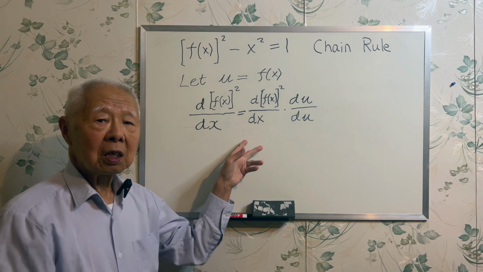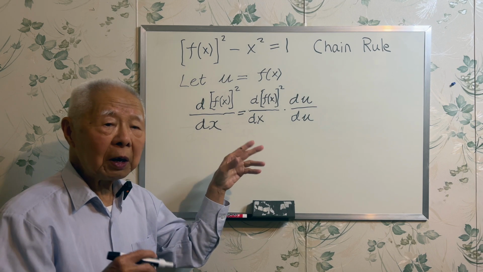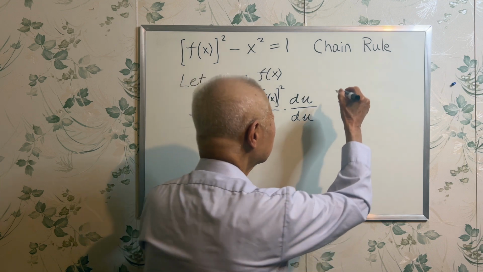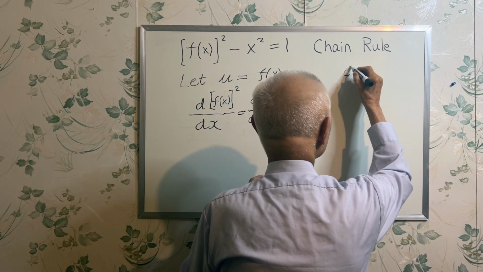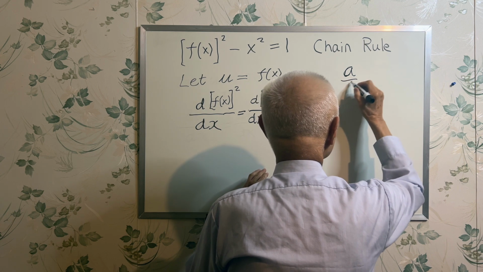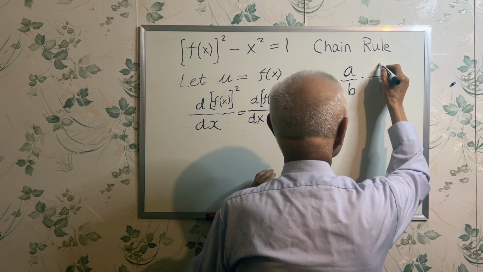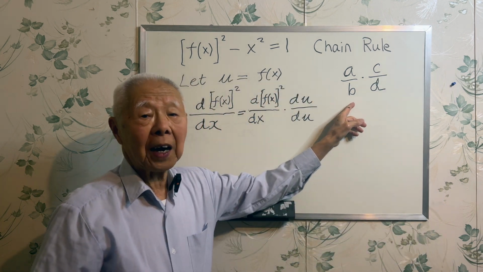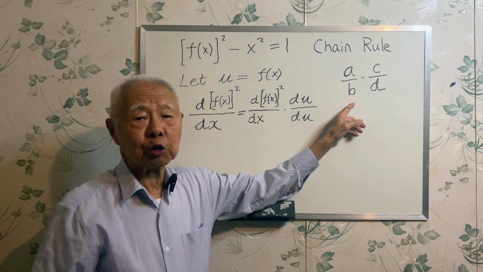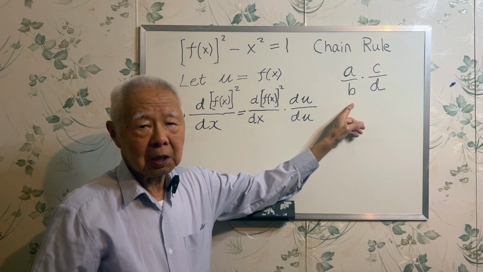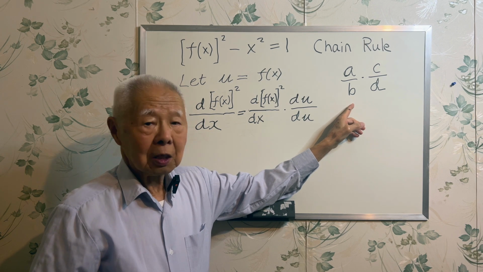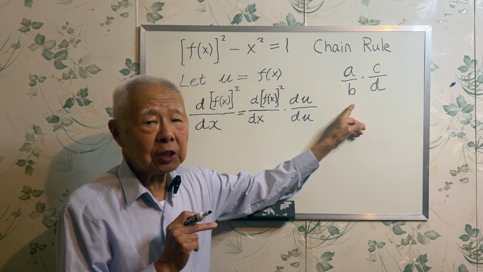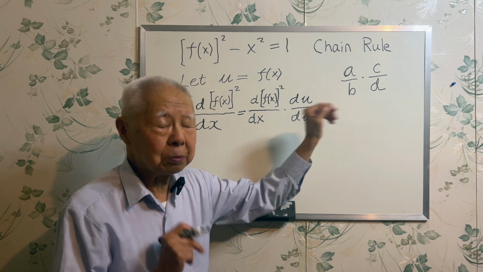Let me give you a very simple example before I do the trick here. Suppose I have two fractions multiplied together, a over b multiplied by c over d. You know, you multiply the numerator with the numerator, and you multiply the denominator with the denominator.